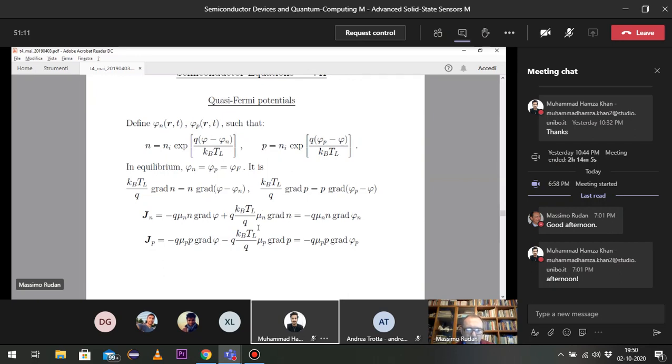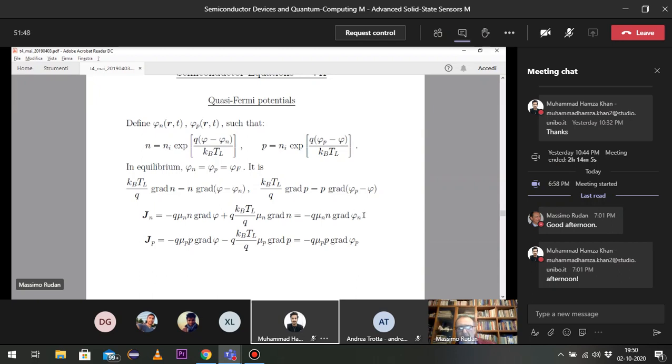Then we have the diffusion term, in which instead of writing the diffusion coefficient, we wrote mu n times kT over q. And then kT over q times the gradient of n is replaced with n gradient of (phi minus phi n), okay? You see immediately that minus q mu n gradient of phi is cancelled. And we are left with minus q mu n gradient of phi n.